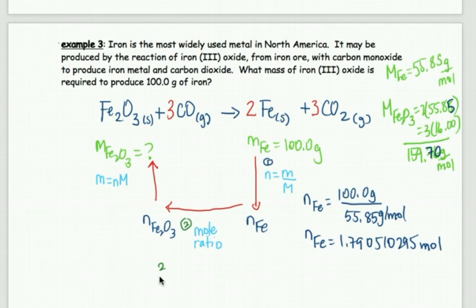Okay, so step two, I need to find the moles of iron 3 oxide. So in order to do that, I need the mole ratio. So the one I know is iron. The one I need to find is iron 3 oxide. Okay, so now we're looking at our balanced chemical equation here, and iron was 2, and the iron 3 oxide was 1.